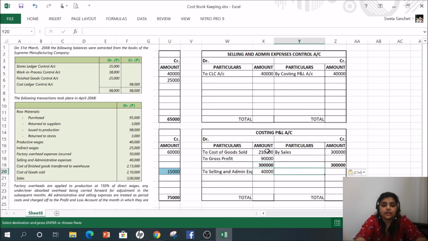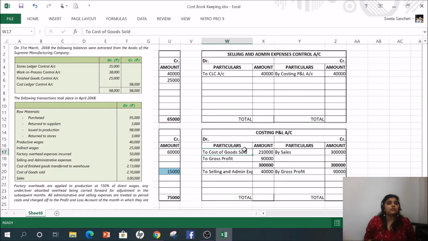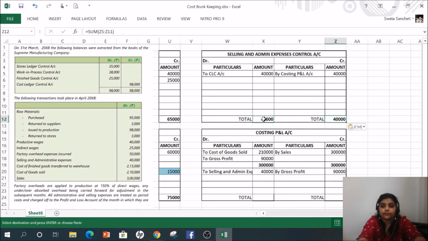Here I will again have by gross profit, that is 90,000. Now we have reached till cost of goods sold. After cost of goods sold, what do? We add the selling and admin expenses. So as selling and admin expenses already I have shifted here, and this account also automatically closes.